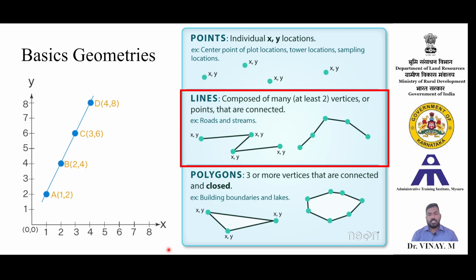When it comes to the line, the data contains both magnitude and direction, and the unit is length, where the property of the line is length, so we can measure the distance from one point to another point. Specifically, a line is interconnected vertices. Vertices is nothing but the point. Here this is a vertex, and here is another vertex.